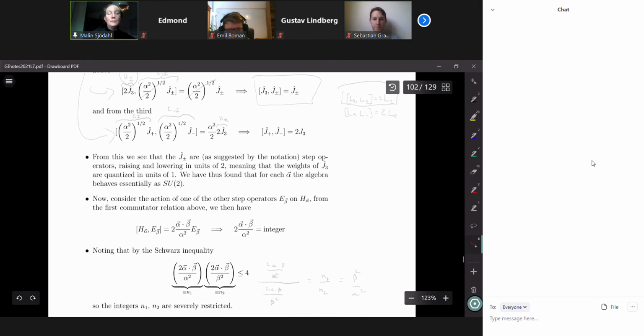And doing this for different alphas and beta, we see that if I multiply together these, so this is alpha dot beta times alpha dot beta I have up here over alpha squared. Of course, there's nothing special with the state I call alpha or the state I call beta, so it could be any two states and they could reverse their roles.